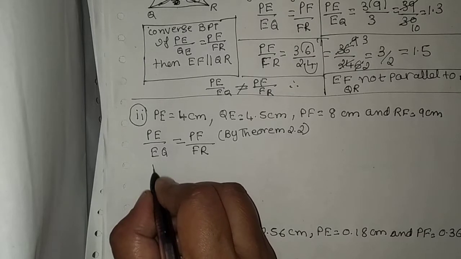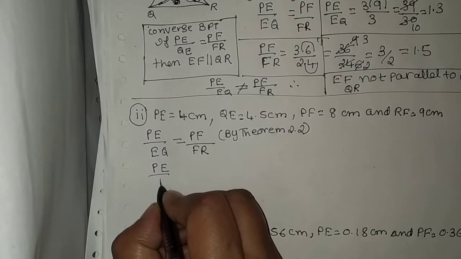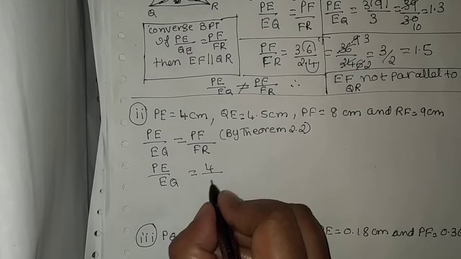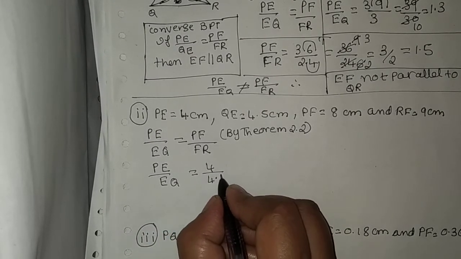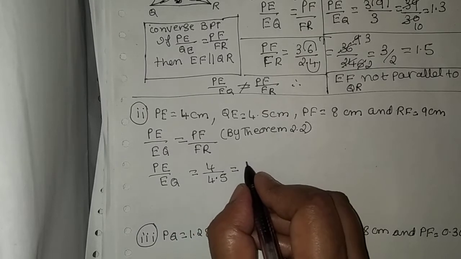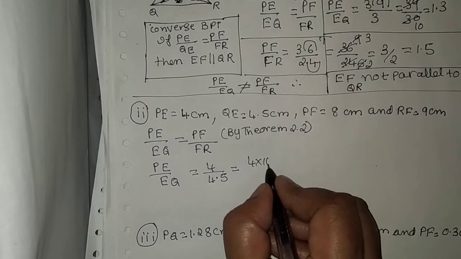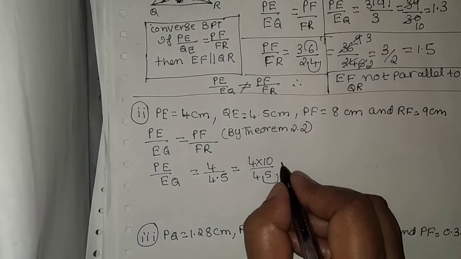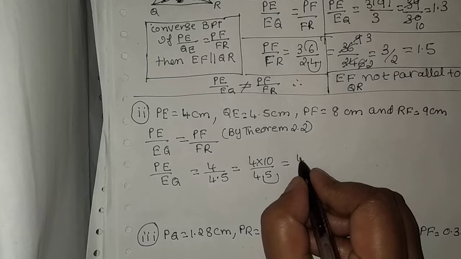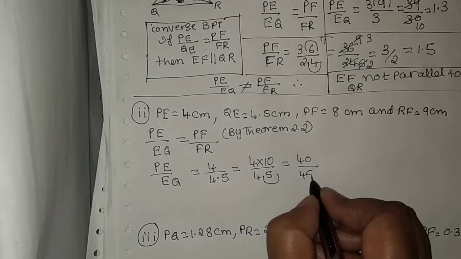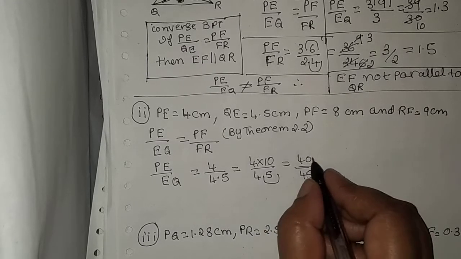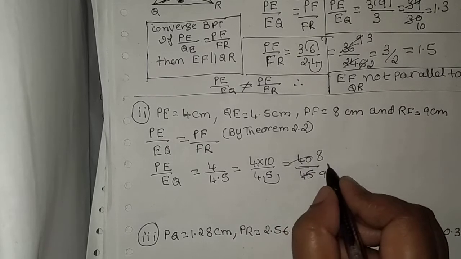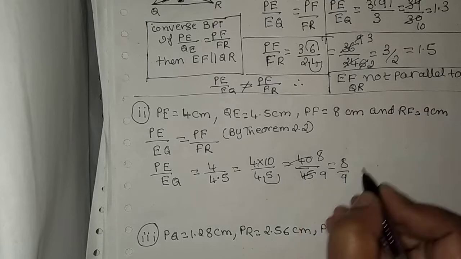So now we take PE by EQ, substitute the values: PE is 4, QE is 4.5. Then this can be written as 4 into 10 by shifting the decimal point by 1 unit, 40 by 45. This one 5 times, this one 8 times, this one 9 times, equal to 8 by 9.